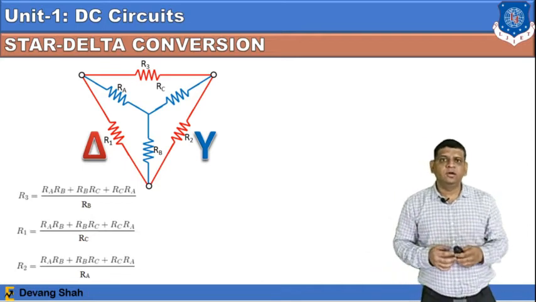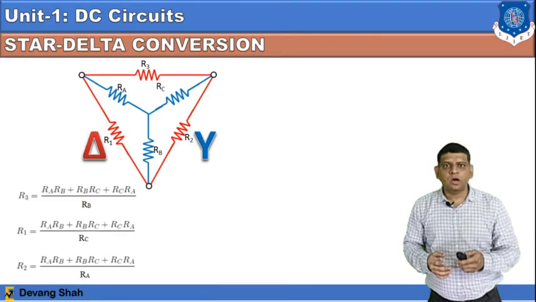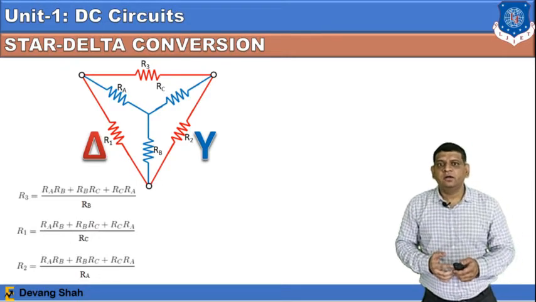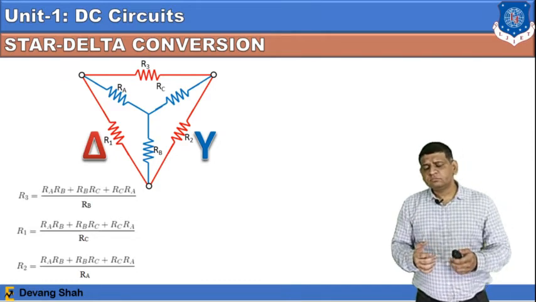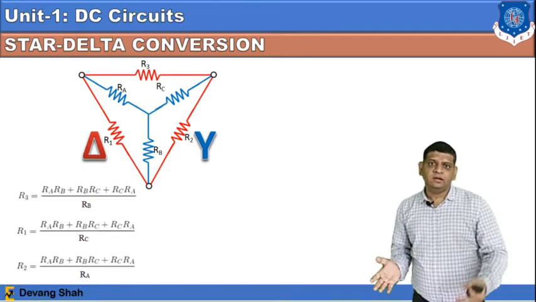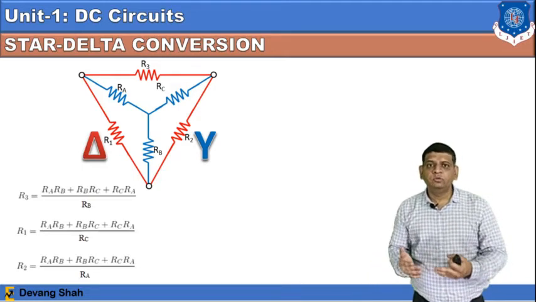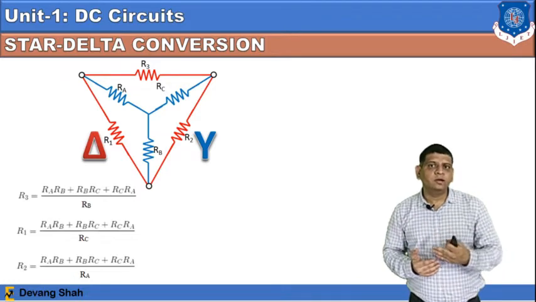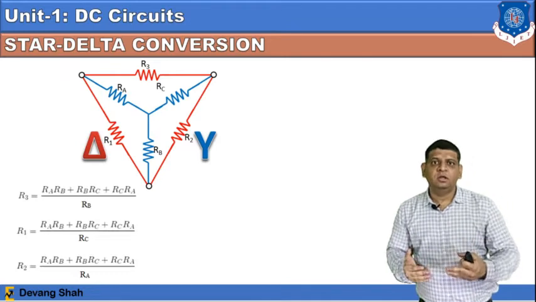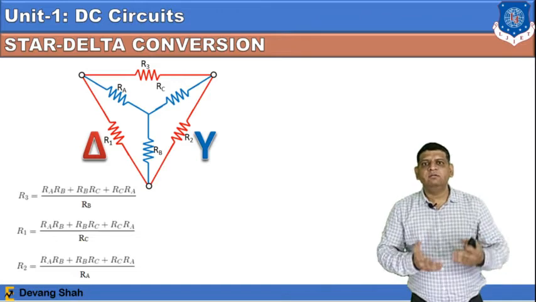So one equation is already here, that we just found: R3 is equal to RA into RB plus RB into RC plus RC into RA divided by RB. You can also write this equation in this way, where you nullify, you remove the RB from the numerator part and denominator part. So you can also write the equation of R3, that is equal to RA plus RB plus RC into RA divided by RB.